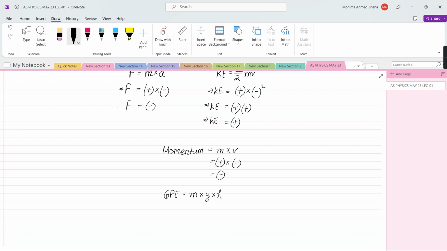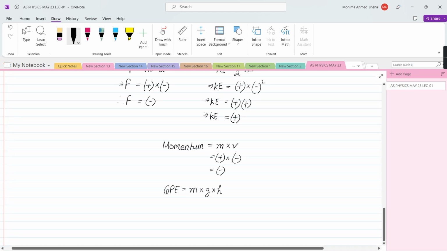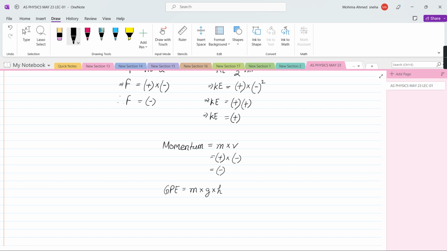You can have increasing acceleration, decreasing acceleration, or gravitational acceleration. All these terms are added to acceleration, and acceleration is a vector quantity. So it doesn't matter what kind of word is added with acceleration, acceleration will always be a vector quantity.